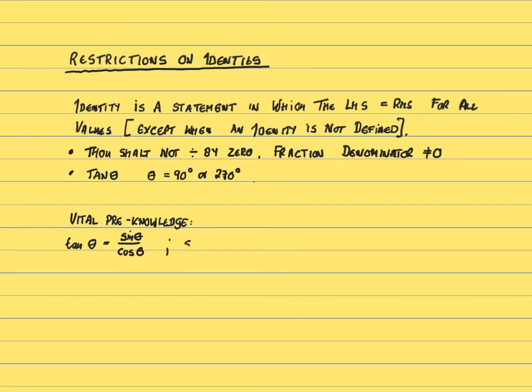You need to know that sine squared theta plus cos squared theta is equal to 1, and derived from that, sine squared theta is equal to 1 minus cos squared theta, or cos squared theta is equal to 1 minus sine squared theta. Those you need to know absolutely off by heart.